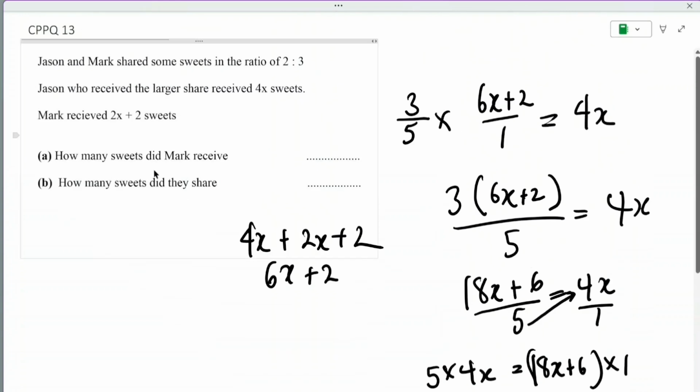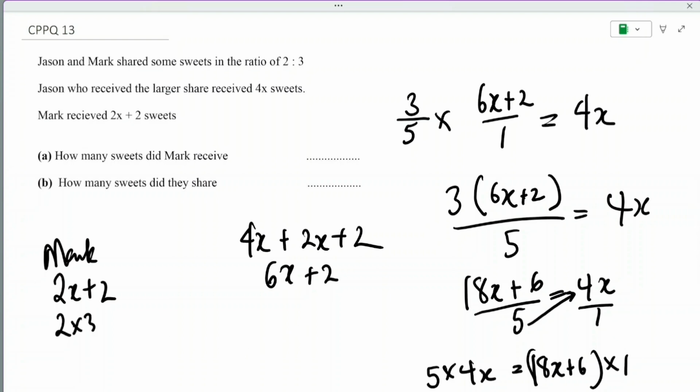So since Mark got 2x plus 2 sweets, and x is 3, we have 2x plus 2 as Mark's share of the sweets. Then x is 3, so you have 2 times 3 plus 2. 2 times 3 is 6 plus 2. 6 plus 2 is 8. So Mark received 8 sweets.